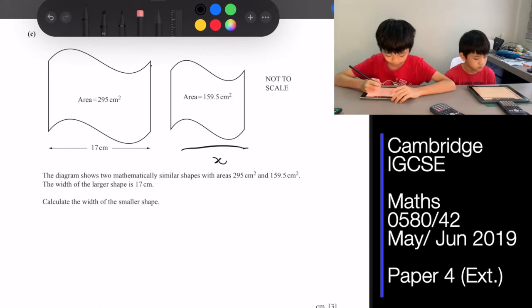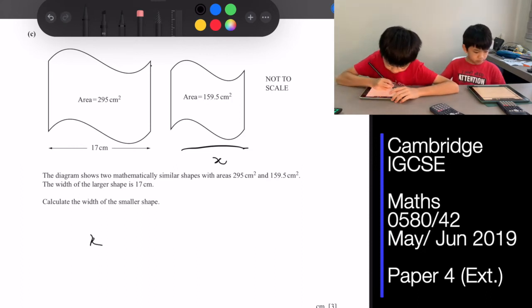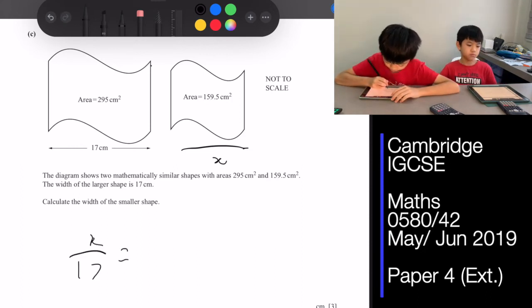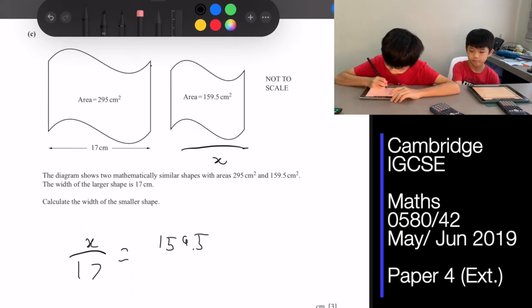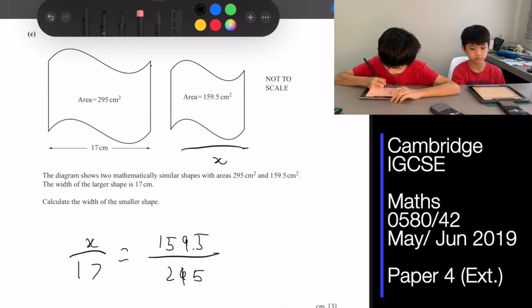Now that we've got that, x over 17 equals, that does not look like k. This is an x, not a k. Equals 159.5 over 295, whole thing to the power of half.